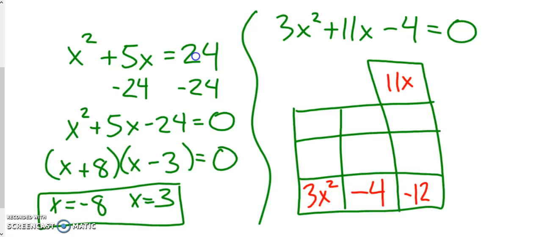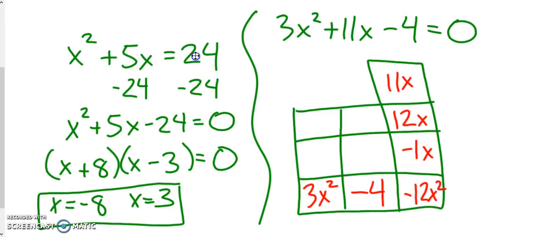Multiply going across the bottom. So now I need to figure out what adds to give me 11x, but multiplies to give me negative 12x squared. 12x and negative 1x.